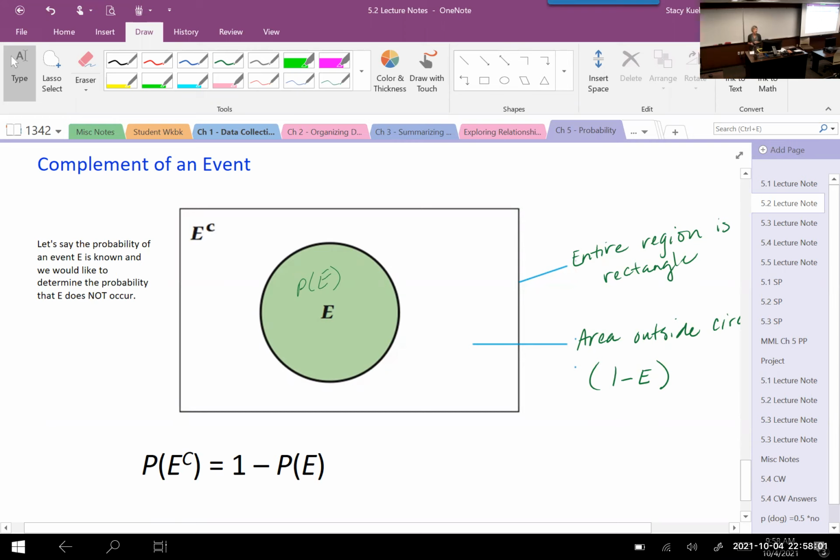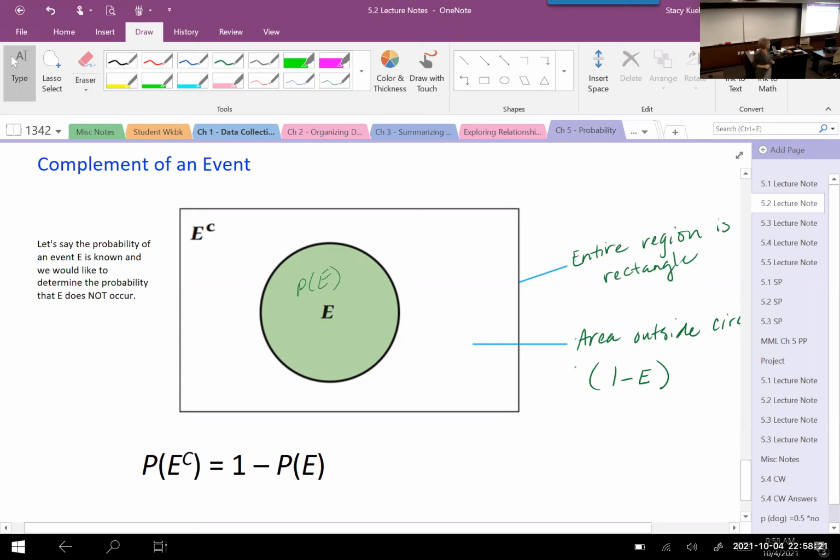So the complement of the event: if the green E in my Venn diagram represents the probability of an event, then the white area surrounding the green circle is what's left over, right?